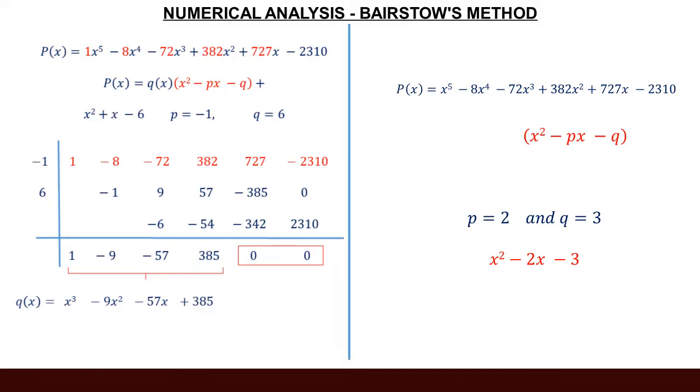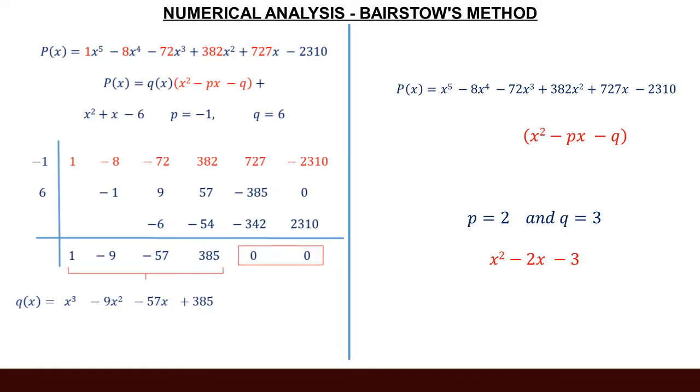And then you're going to have a quotient and a remainder of 0. Now the question is, how can you find this p and q to make x squared minus px minus q a factor of p of x, such that the remainder is 0? How can we do it?